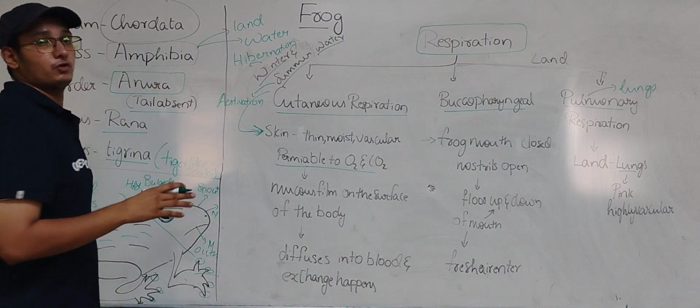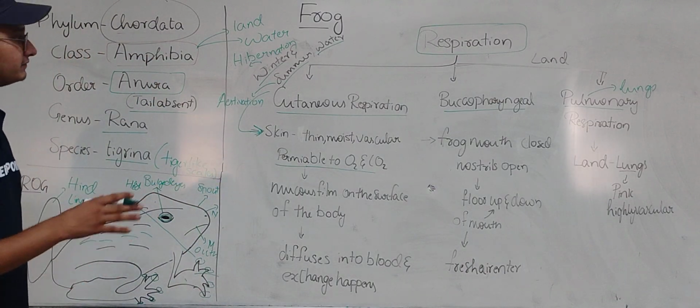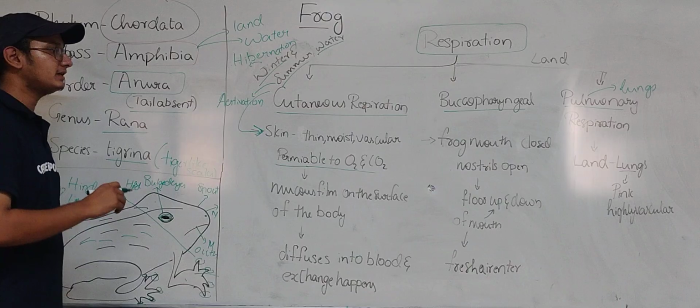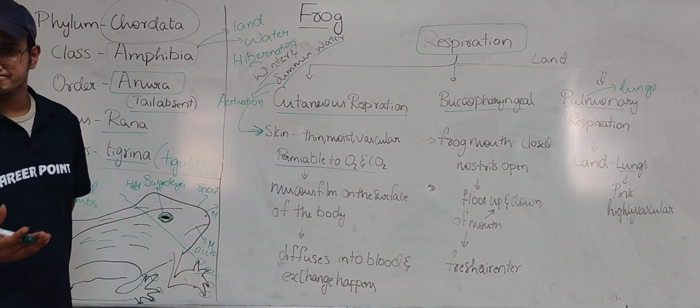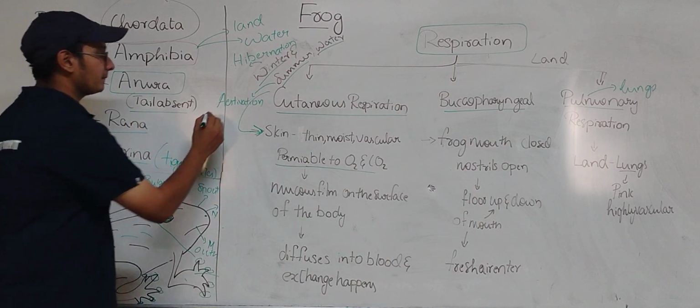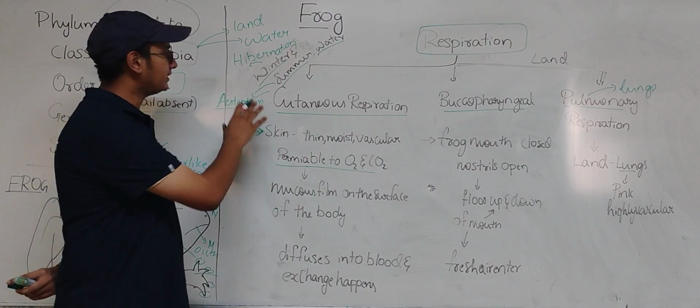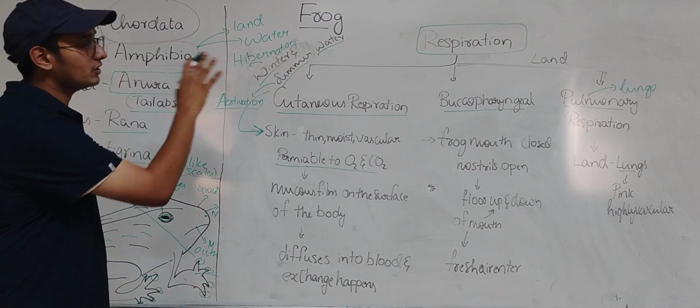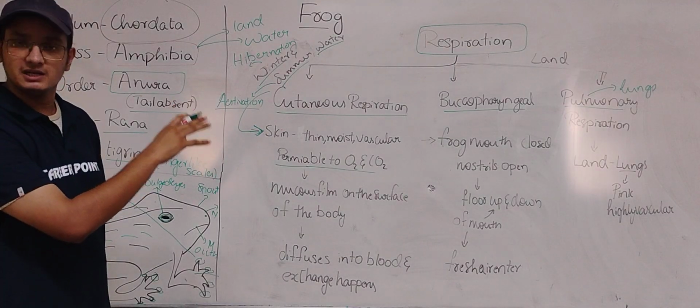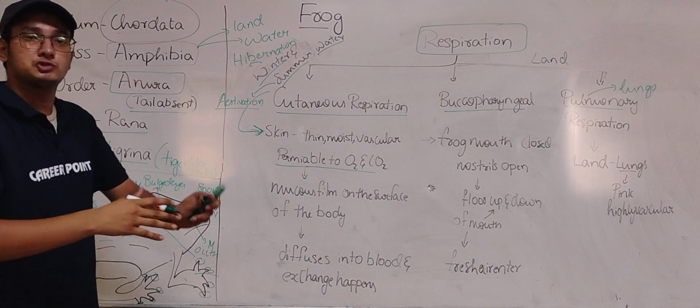The frog goes into an inactive state in winter called hibernation, and in summer it goes into an inactive state called estivation. Only during hibernation or estivation or in water, cutaneous respiration occurs, which means the respiration occurs through skin.